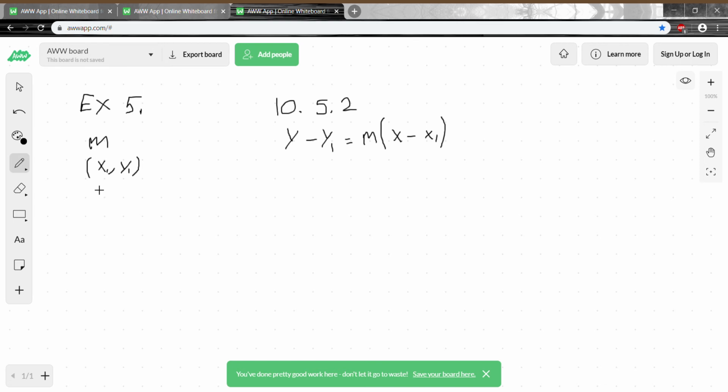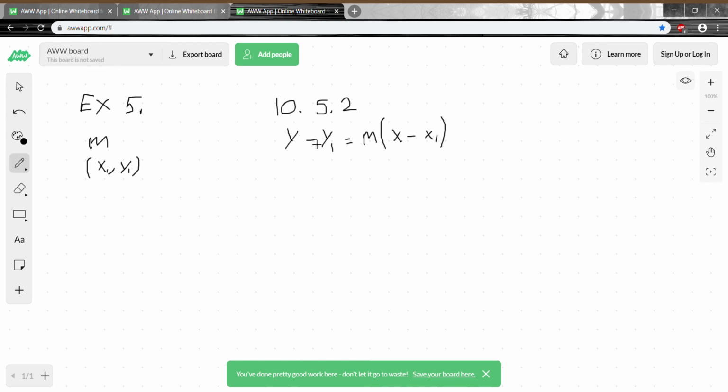Alright, so let's do an example really quick. We want to find the equation in both general and point slope form.